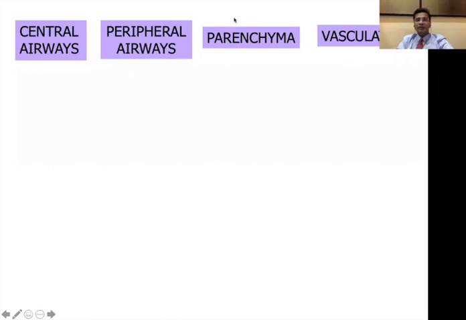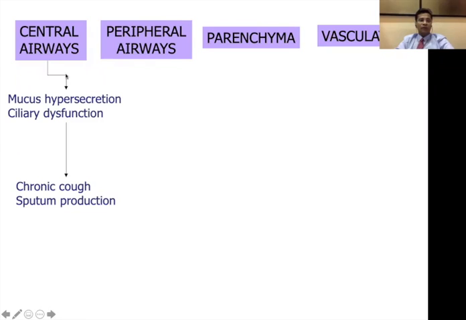In emphysema, there is involvement of the parenchyma and vasculature. So, if the central airways are involved, there is mucus hypersecretion and ciliary dysfunction that leads to chronic cough and sputum production. Because of the ciliary dysfunction, these patients are more prone to recurrent chest infections.